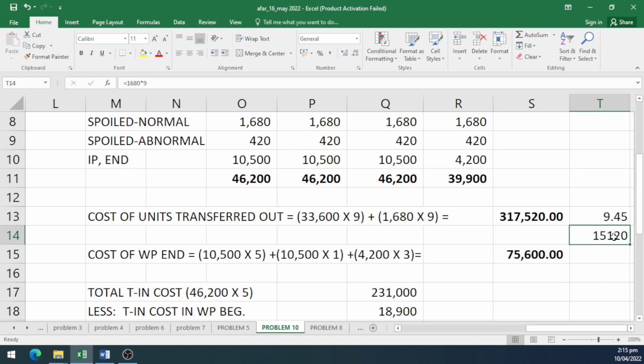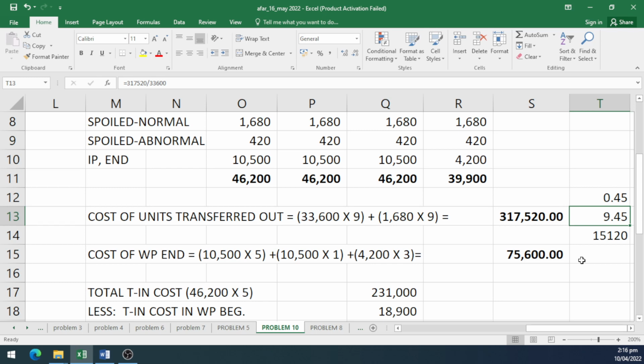Inabsorb yan ng 33,600 units. Kaya, yung adjustment for lost units ay 15,120 divided by 33,600, 0.45. Kaya naging 9.45 yung ating unit cost. Yan ang cost ng units transferred out.